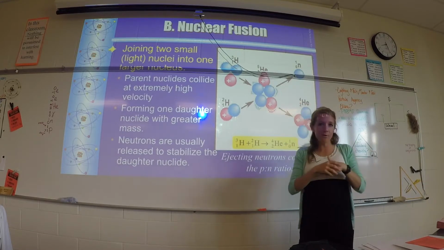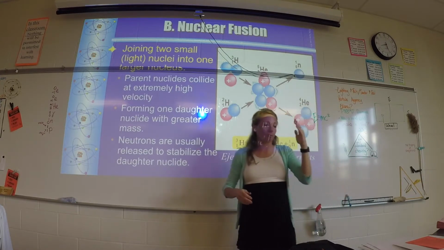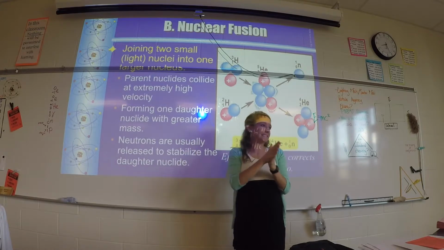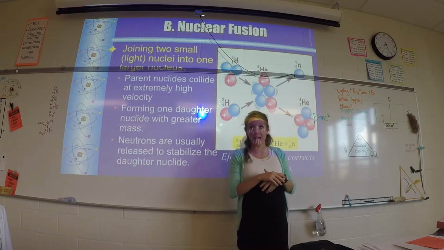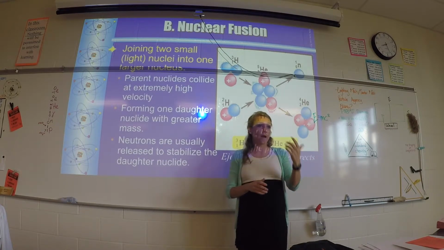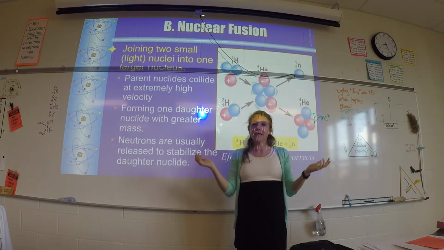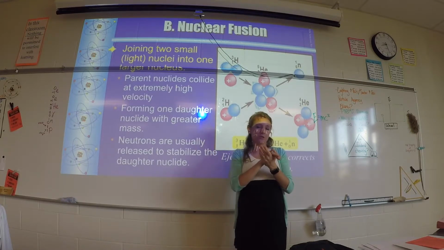Chemical reactions are taking a red and a blue Lego and stacking them together, and we have a molecule. A fusion reaction would be taking a red and a blue Lego, they slam together and they turn into one orange Lego.